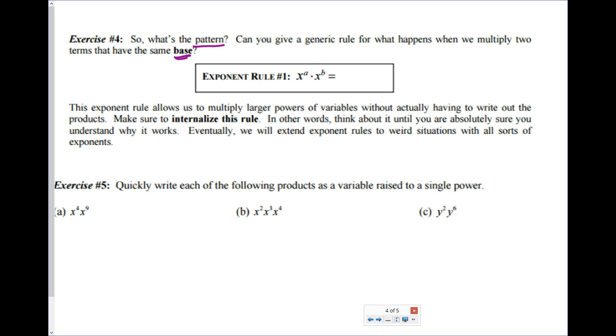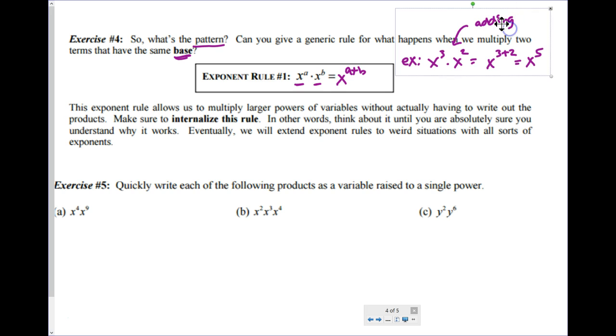So exponent rule number 1 says, if I have some base raised to a power times the same base raised to a power, I can keep that base and add the exponents together. For an example of this, let's say I have x to the 3rd times x squared. That's like saying x to the 3 plus 2 is x to the 5th. I am adding the exponents, right? It's adding.